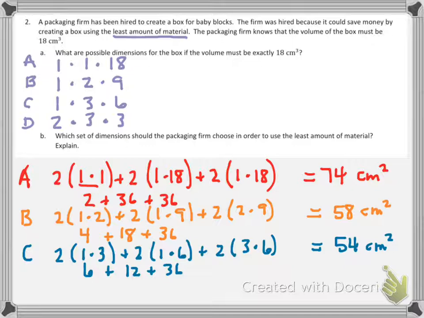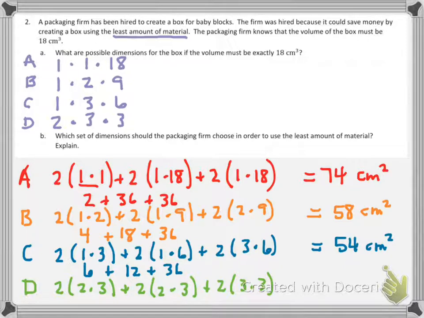And then we have one last option. Let's try that one. D, option D. Option D would be 2 times length times width plus 2 times length times height plus 2 times width times height.